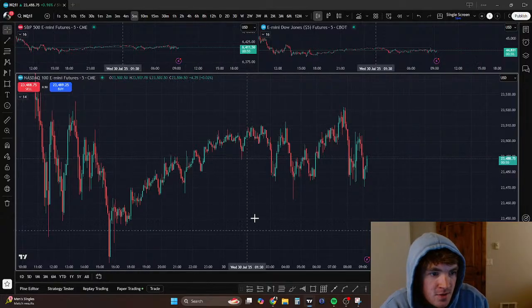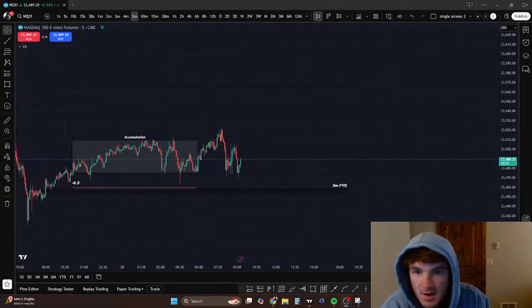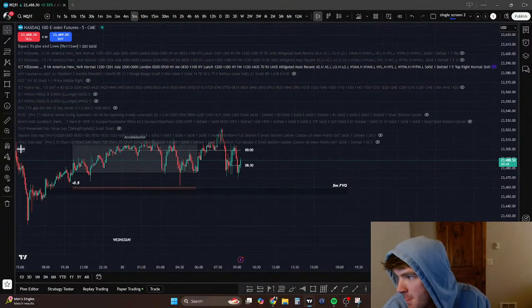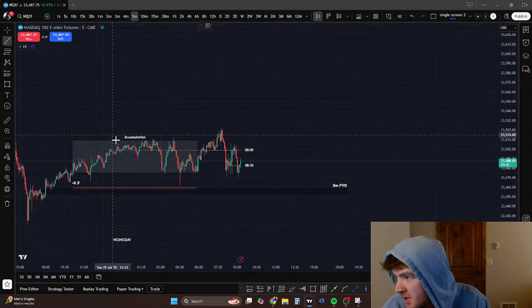I'm going to switch it back to the other screen. The other thing I'm going to do is mark out midnight and 8:30. Those are the only other things I want on my chart.